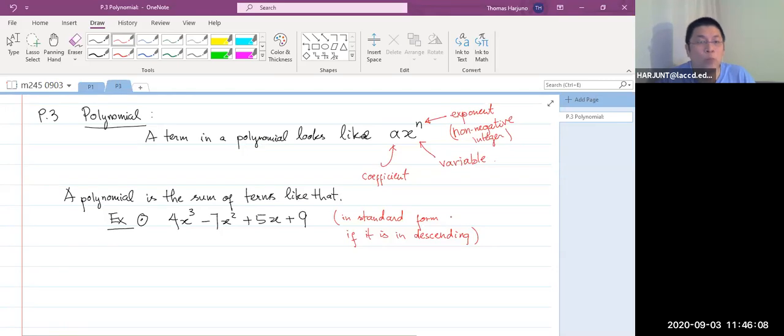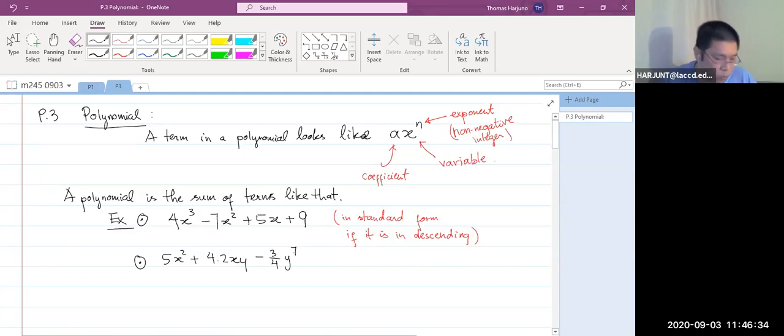Okay. Now, a multivariable polynomial has more than one variable. So, for example, you may have 5x squared plus 4.2xy minus 3/4 y to the 7th. Now, that's also a polynomial.